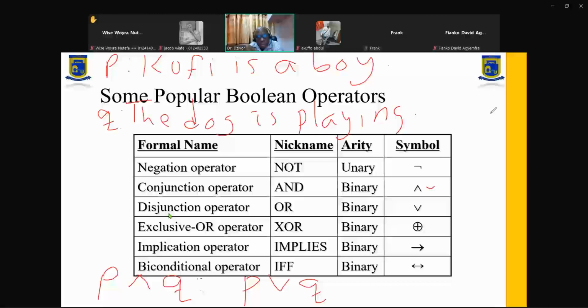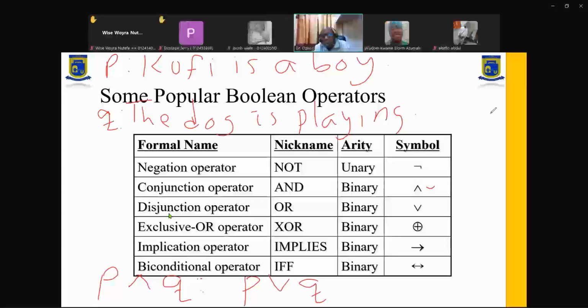You understand that? If, so it means that there's going to be a premise, there's going to be a condition for which a conclusion is drawn. So that is the implication operator.